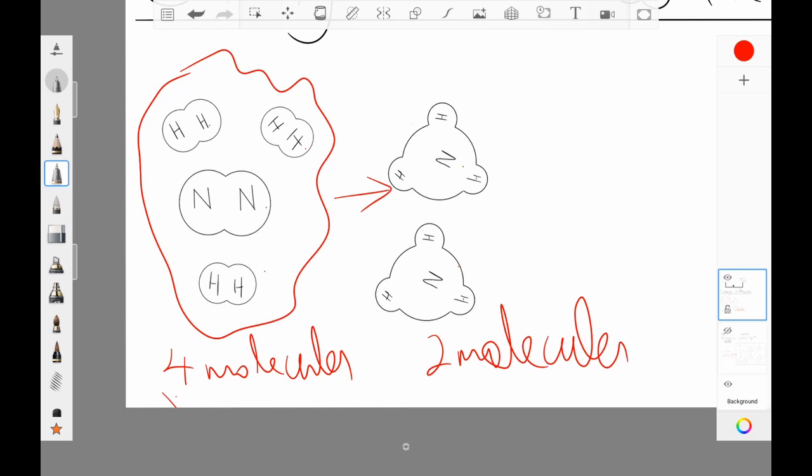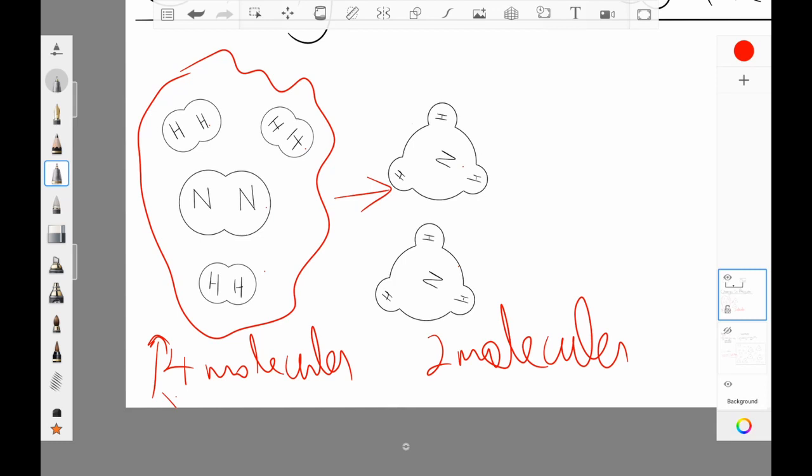So if I were to increase the pressure here, the frequency of collisions and effective collisions will increase, resulting in a greater yield and a greater rate of reaction.